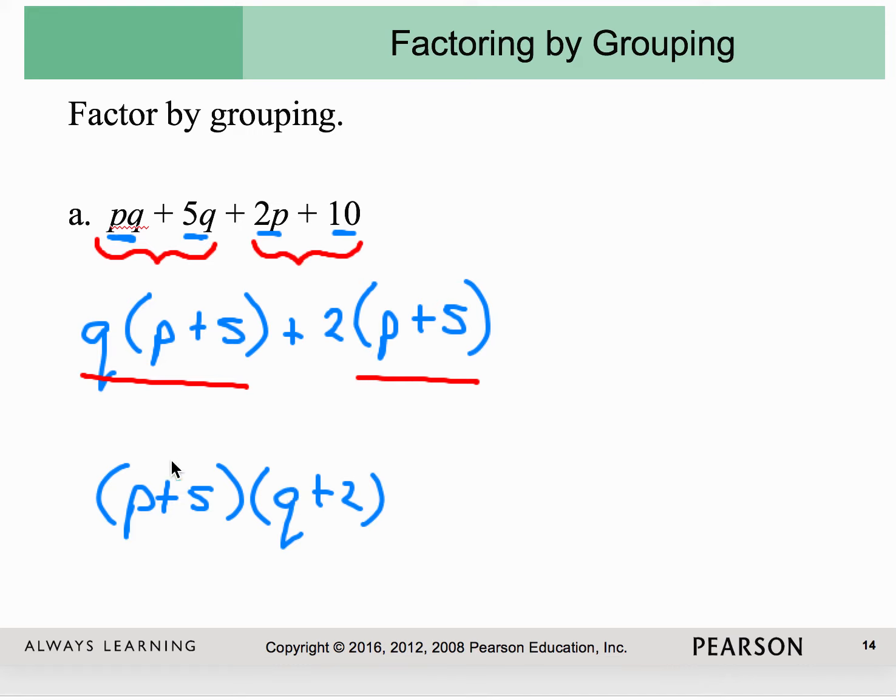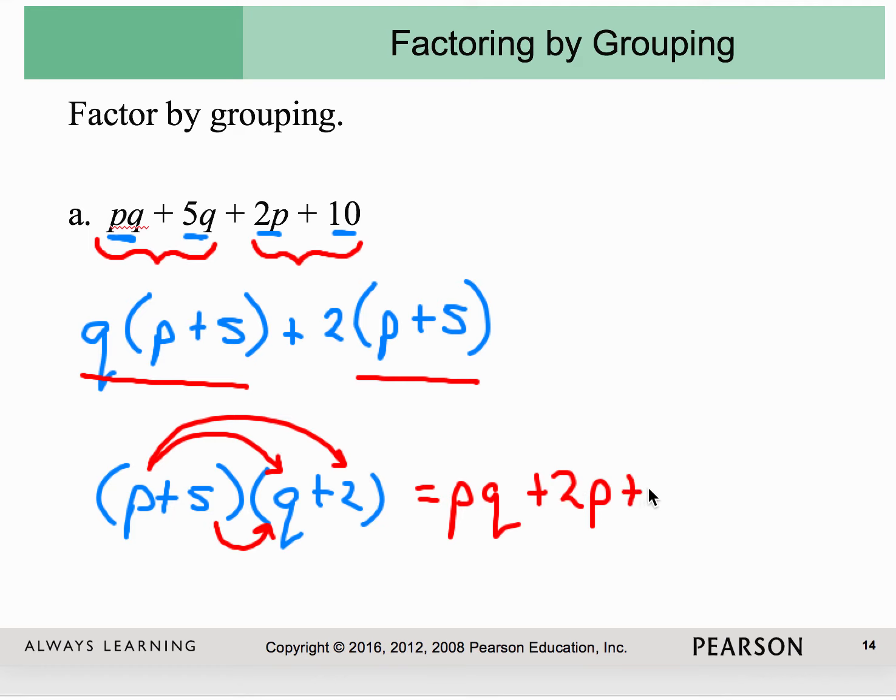Let's check it. PQ plus 2P plus 5Q plus 10. Is that the same thing as up here? Yeah. These are in a different order.